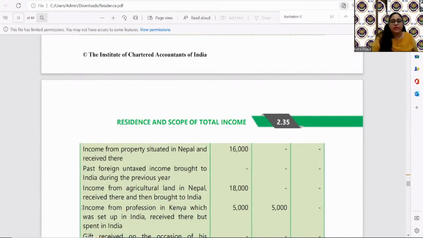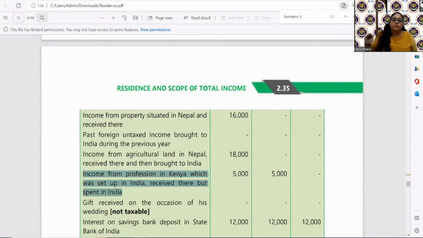So we had this query: income from profession in Kenya, which was set up in India, received there but spent in India. Basically, this is an income from business or profession outside India, controlled from India. It is accrued outside India, but controlled from India. It is received outside India, but spent here in India, like remitted back. First I see whether it was received in India, yes or no. No. Whether it was accrued in India, yes or no. No. So in the non-resident case it will not be taxable.